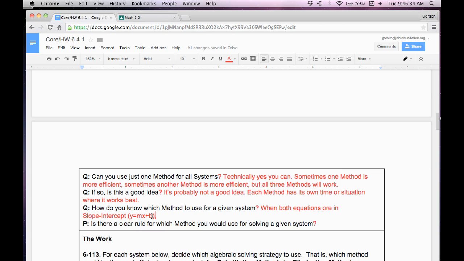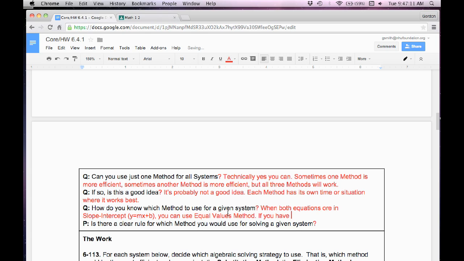So mx plus b equals mx plus b, and that means you're using what's known as the equal values method. And I apologize for my totally ludicrous spelling on that one. So in other words, if you have two slope-intercepts, you can set the mx plus b parts equal to each other. It's important though that the same variable be isolated for both of those. If it's two different variables, then you can't just use the equal values method.